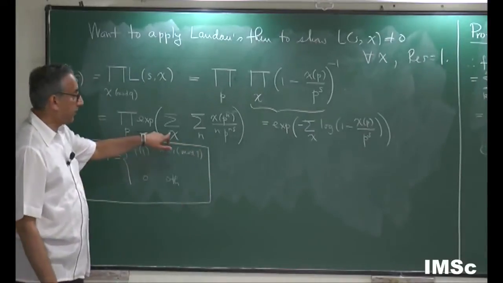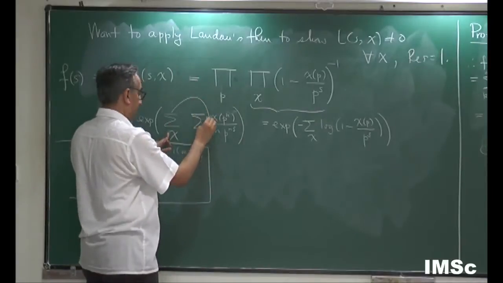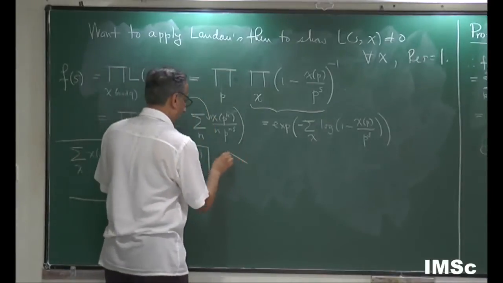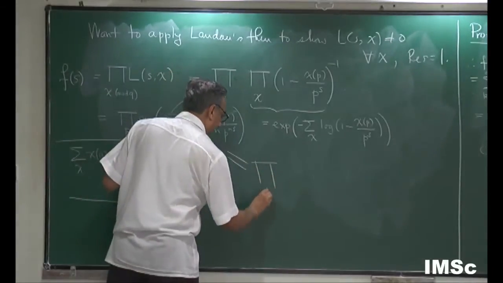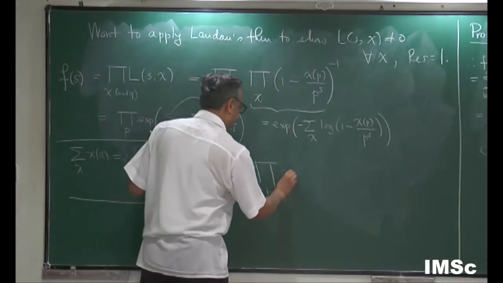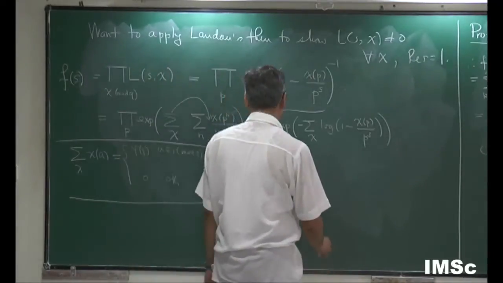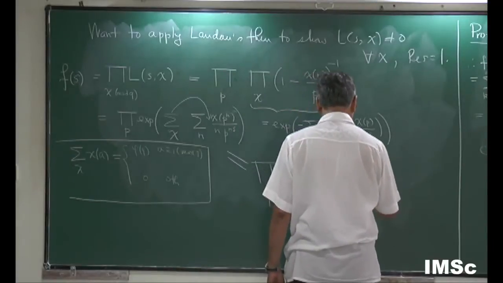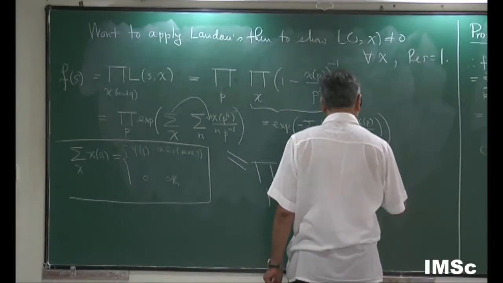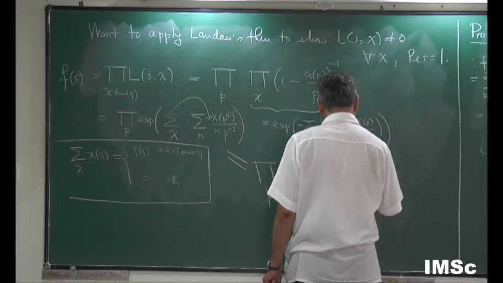So therefore, if I shove this summation here, this whole product here turns out to be the product over primes p of exponential of phi of q times summation 1 over n, p to the ns, with p to the n congruent to 1 mod q.